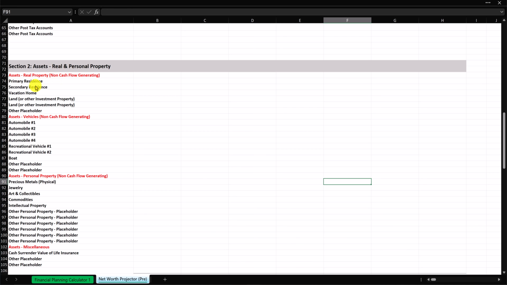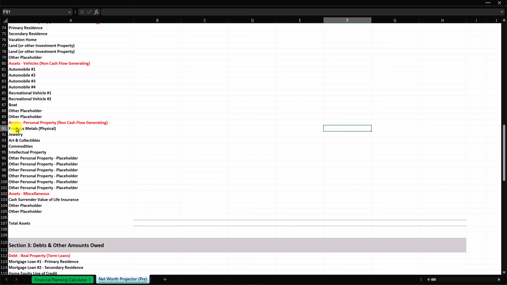So we have primary residence, secondary residence, vacation home, land that's held for investment purposes, but it's not cash flow generating. After that, we have our vehicles. Again, these are not business vehicles. We have our automobiles, we have recreational vehicles, boats, other things that we may not have thought of but have enough value to be included in our net worth calculation.